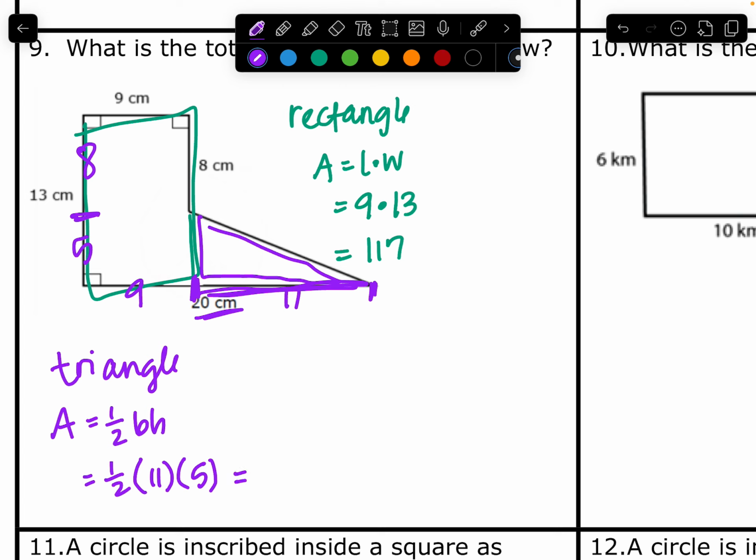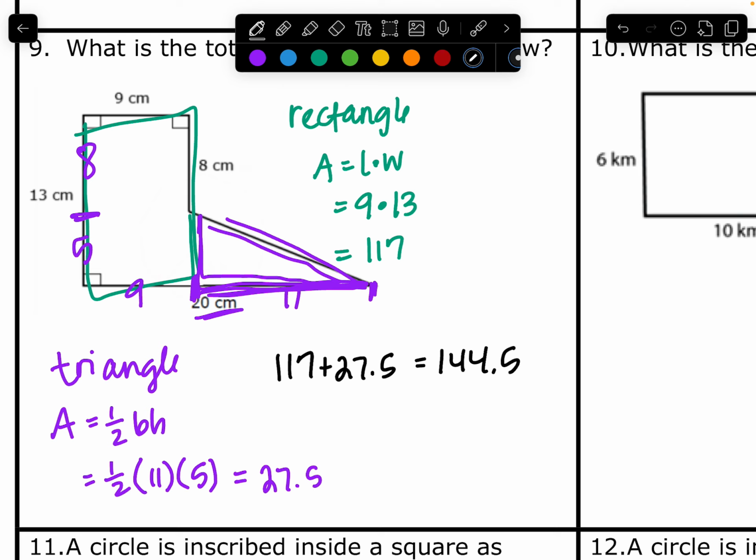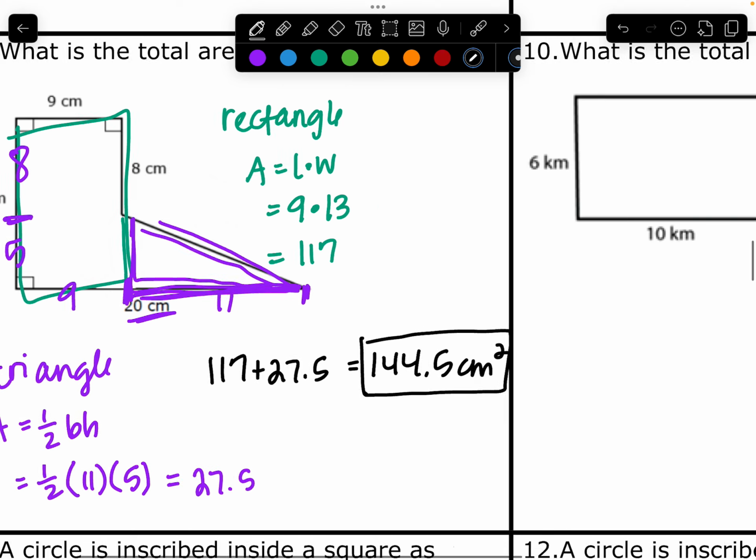So half of 55 is 27.5. We're going to add those together because as you can see, this triangle was added onto the rectangle. It was not taken away. That'll give us 144.5. Go ahead and try number 10.